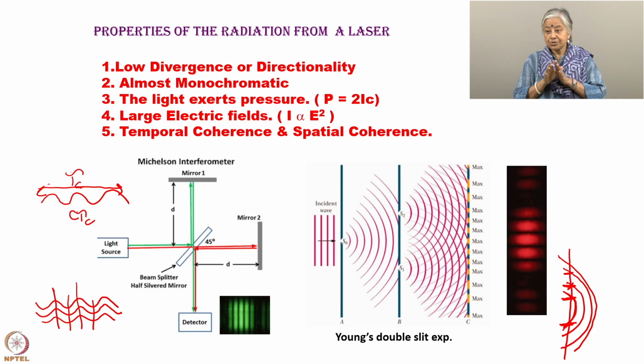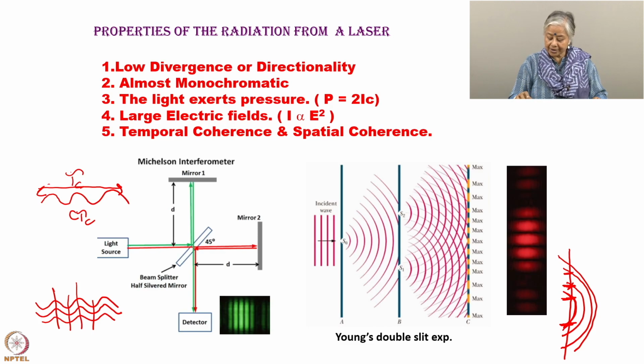Now, what is the difference between ordinary light, say a bulb, or again a neon light, and a laser light? You can get this pattern very easily in case of a laser light. You can take these things apart, okay, and still you will get the interference pattern.